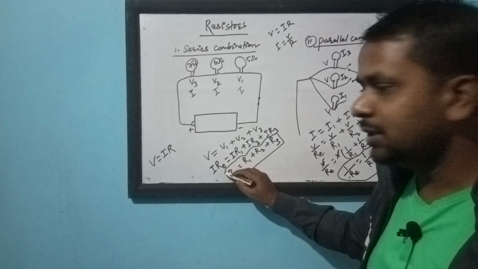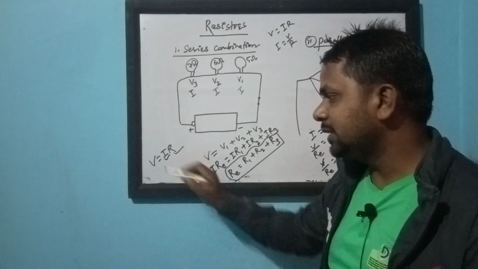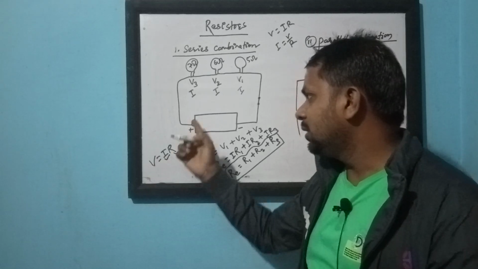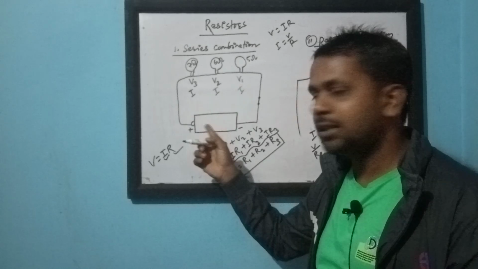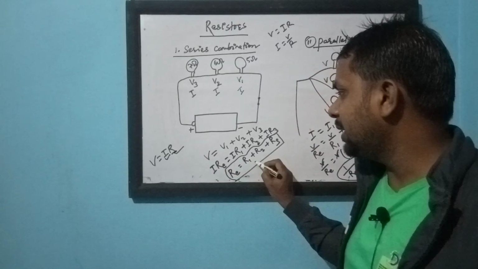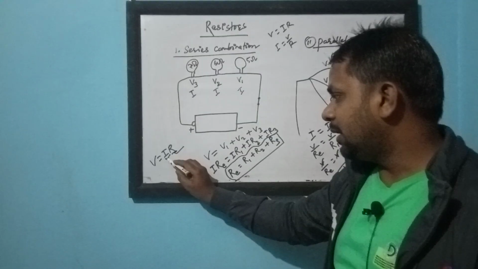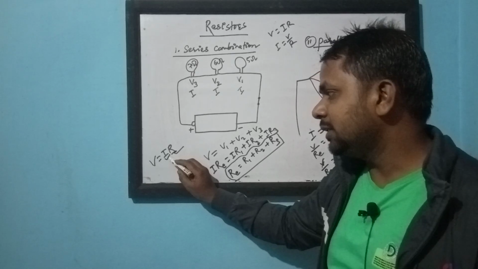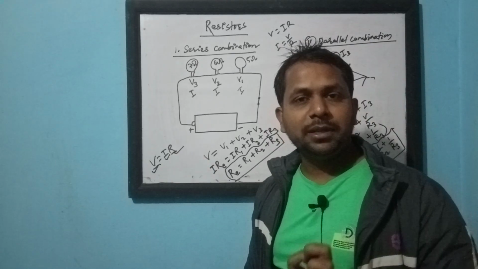We have calculated the equivalent resistance. If the current value is given, we can find out the overall potential difference of this circuit. For that, first we need to find the equivalent resistance by adding all the resistances. Then if the current value is given, we can find the equivalent potential difference.